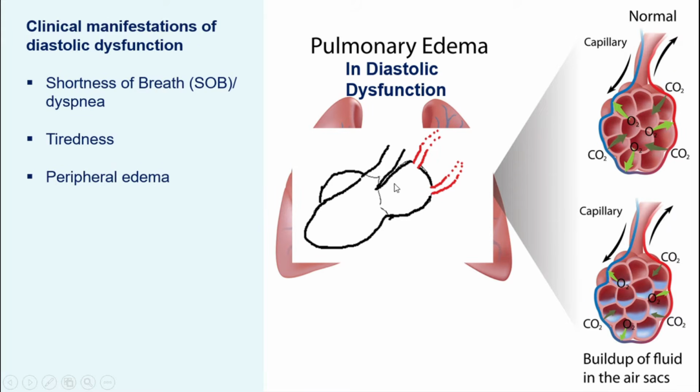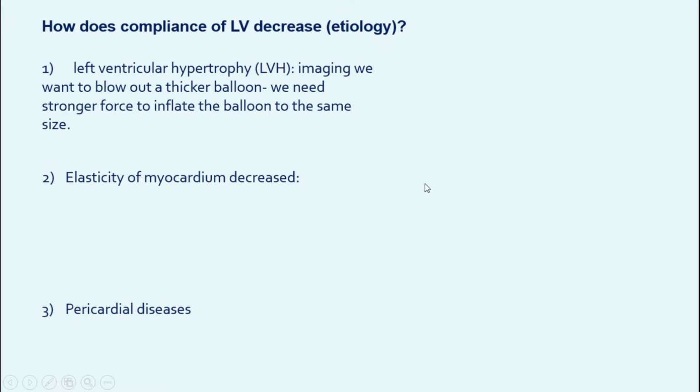With increasing left ventricular stiffness, pressure on the left atrium increases too. So depending on the severity, the patient may feel tiredness at the advanced stage and even peripheral edema.